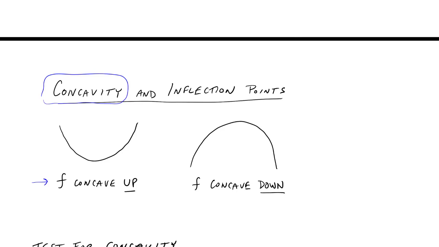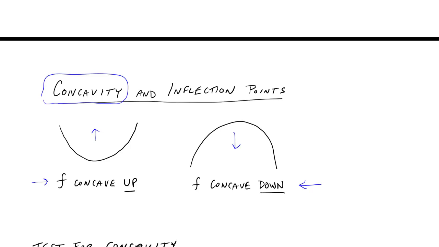Now, let's take a look at the next one, which would be f concave down. This one is faced down, so it would be concave down. So that's how we determine concave up or concave down just from looking at the function itself.